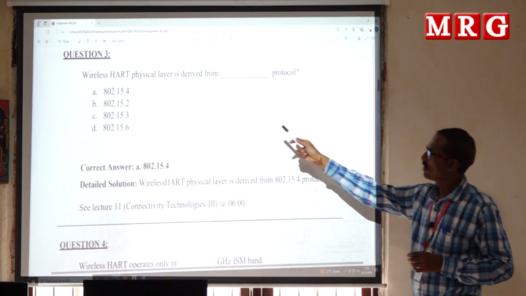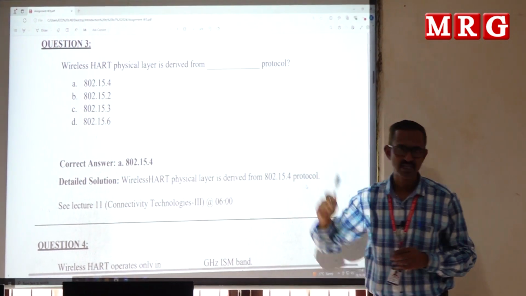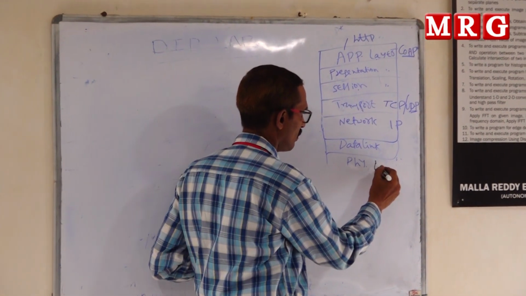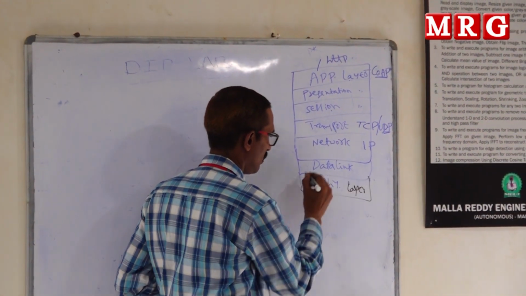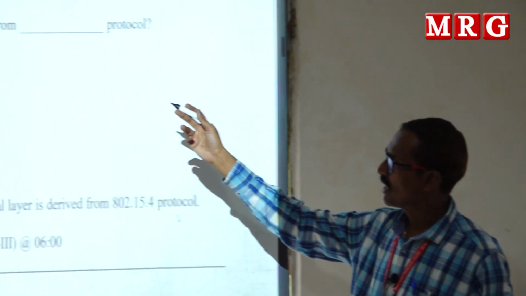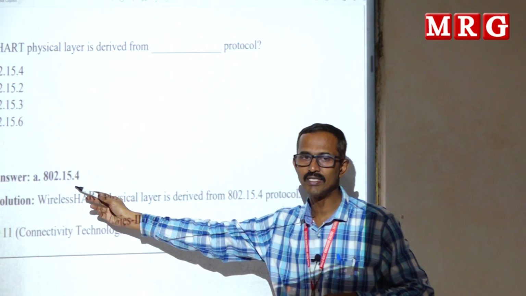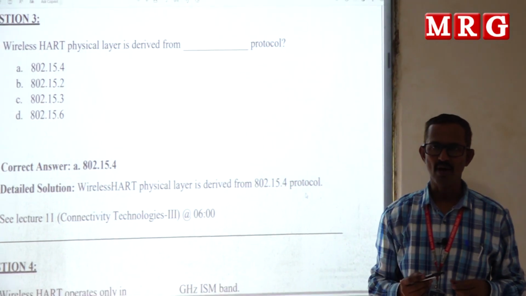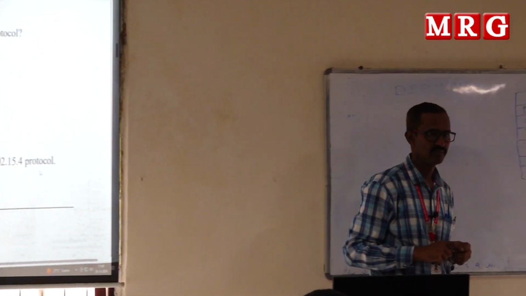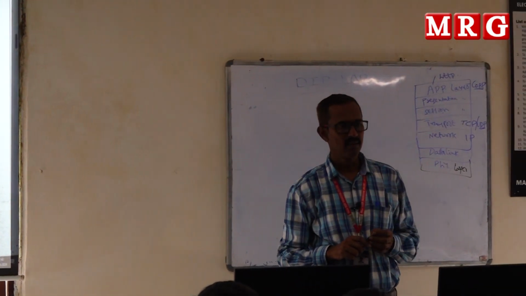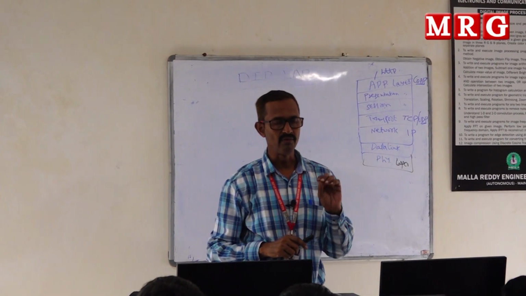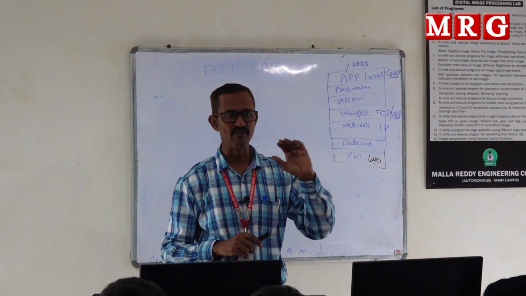Wired HART protocol, physical layer. Physical layer means the bottom layer. So the physical layer of wired HART and wireless HART follows IEEE 802.15.4. That is a protocol standard from IEEE. IEEE, Institute of Electrical and Electronics Engineers, is an international body. It fixes the standards for the protocols of every layer.